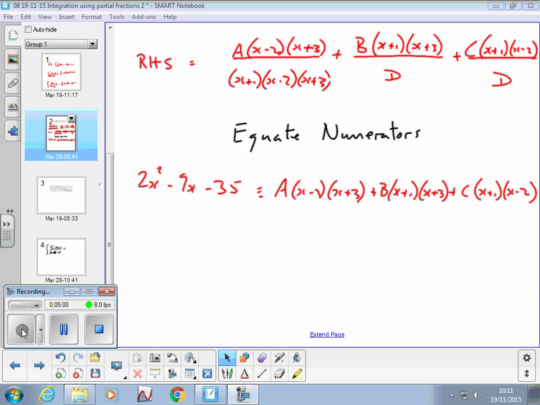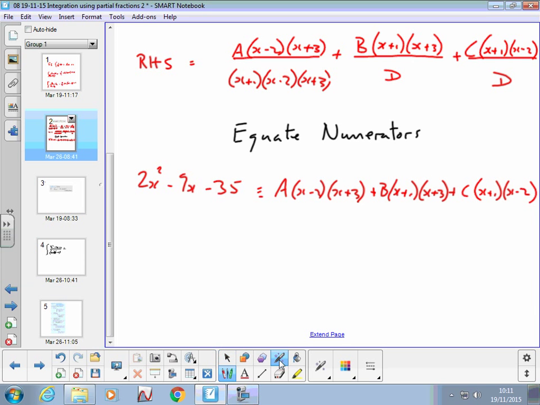Next step is to try and eliminate two of the unknowns. Look at these factors here. If x equals 2, 2 minus 2 is nothing. If x equals 2, that disappears, which means this whole term is gone, doesn't it? Also, if x equals 2, that term disappears. So I'm only left with this one.